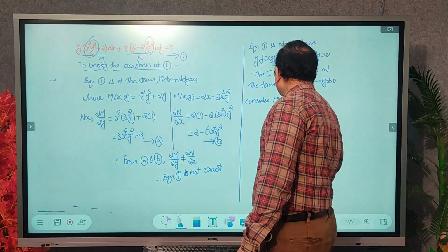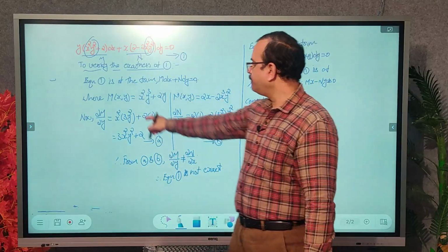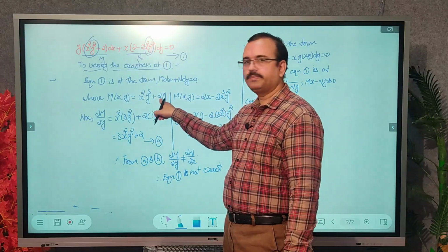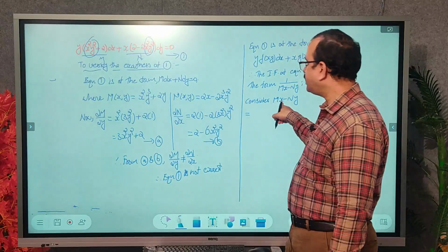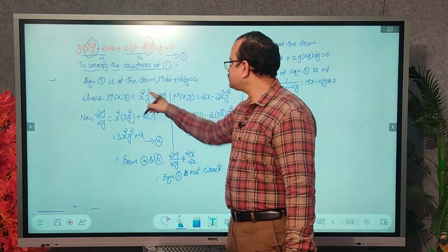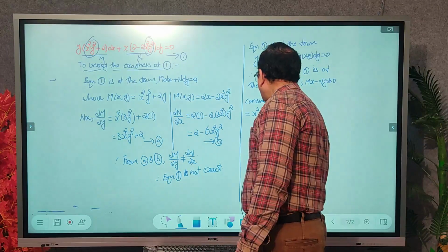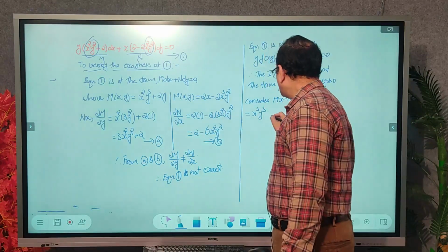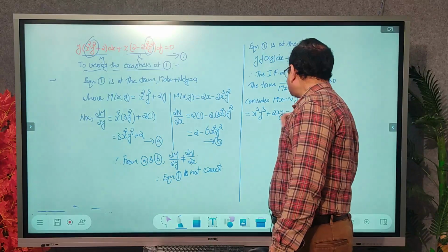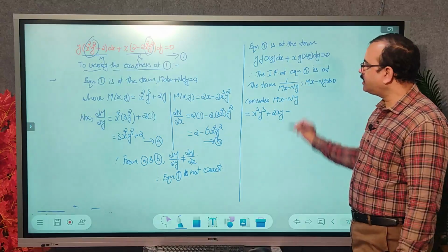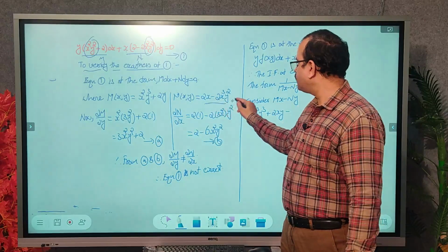Mx minus Ny, which is equal to, so here M is x square y cube plus 2y. Now you multiply this with x, so x into x square y cube means we get x cube y cube, plus 2y into x means 2xy, minus N into y. Here N is 2x minus 2x cube y square.